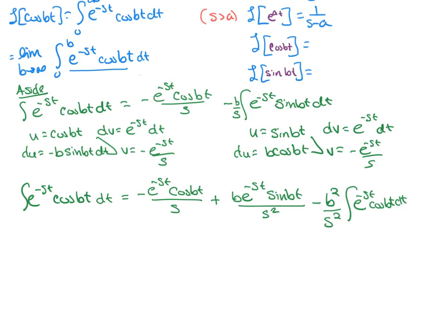Okay. It's really important to notice that we just got the same integrand, e to the negative st cosine bt, that we were starting with. So what we do, in true slimy form, is add that to both sides.